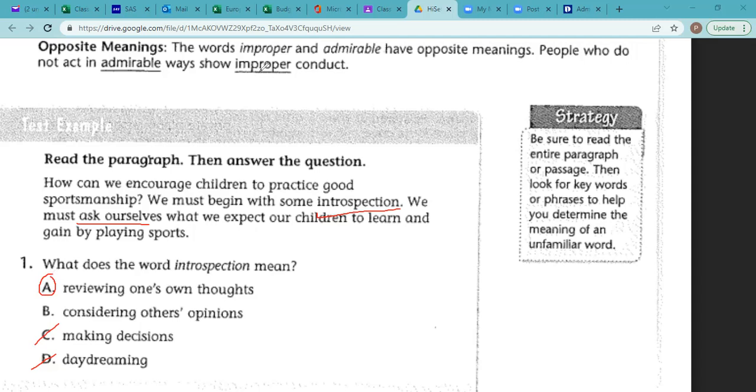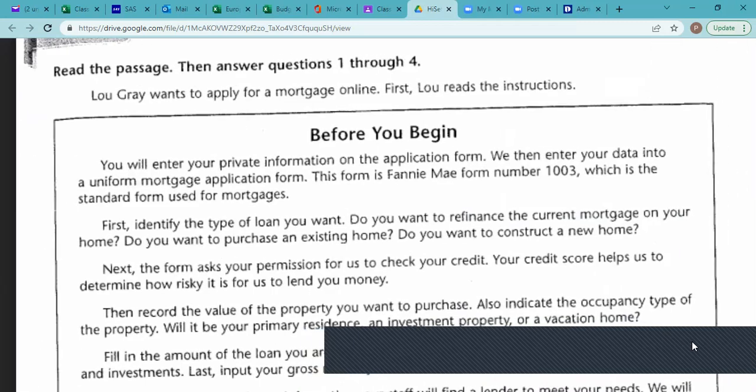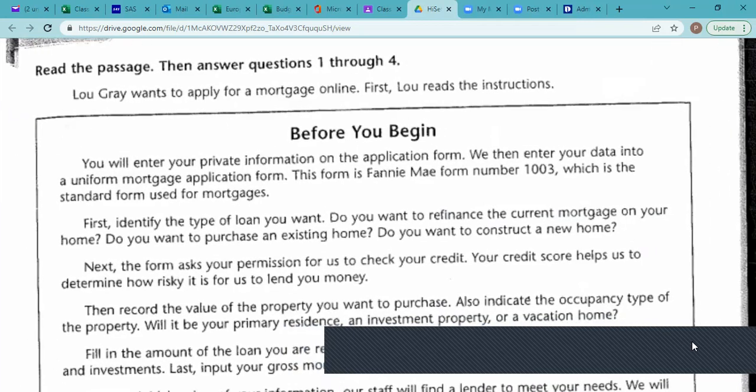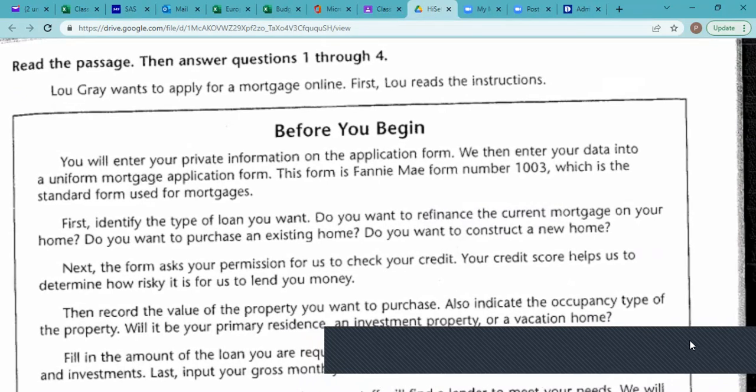Okay, let's go and try the next page here. Now, we've got a nice big paragraph here, and it says at the top, Lou Gray wants to apply for a mortgage online. First, Lou reads the instructions.